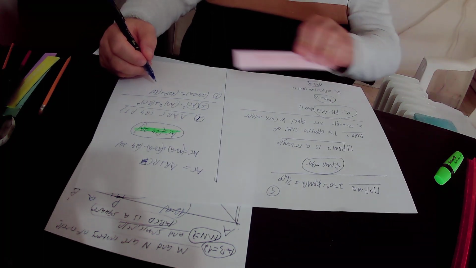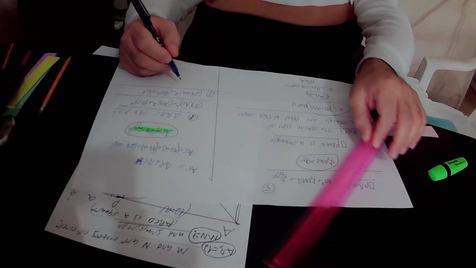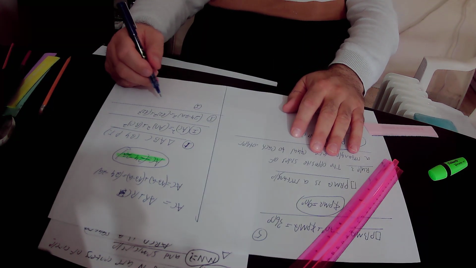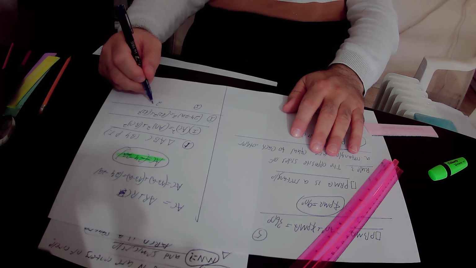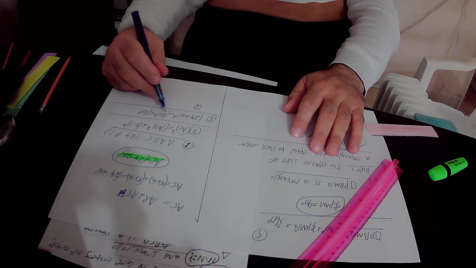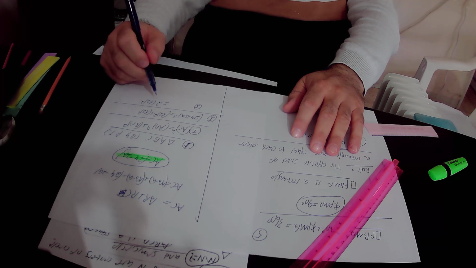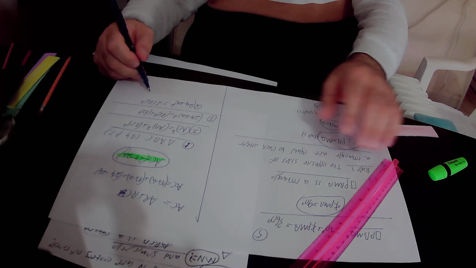So in conclusion, according to equation number 1, (24 minus 2A) square equals 12 square plus 12 square. And 12 square plus 12 square is 2 times 12 square.